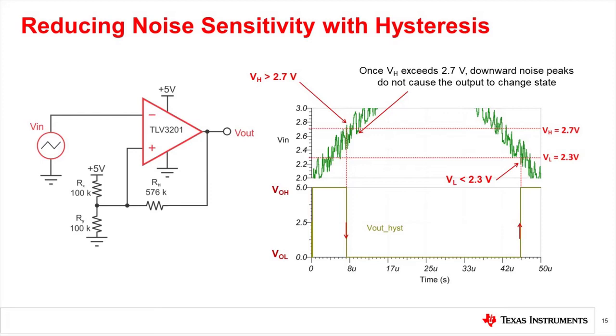Once the input is above 2.7 volts, the output will not transition again until the first time the input goes beneath the lower threshold of 2.3. As long as the noise is lower than the hysteresis range of 400 millivolts, we will not see the chatter that we saw previously. That means the amount of hysteresis used is set according to the noise that you expect to see in your system.